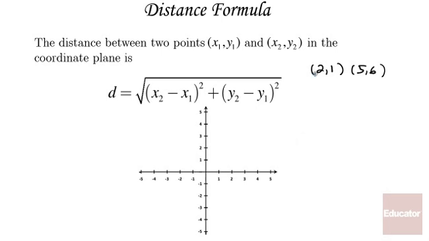Either one of these could be considered x1, y1, and x2, y2, or I could do it the other way around. It doesn't matter as long as you're consistent. So if I say this is x1, y1, then I put x2 first, y2 second, as long as I don't mix and match.